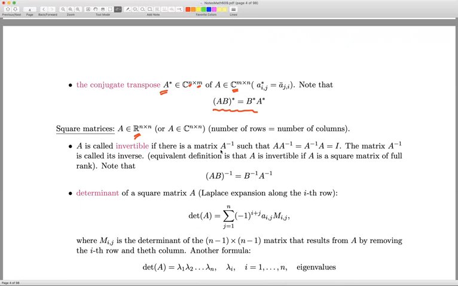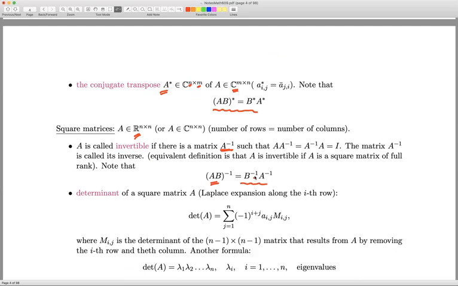And this matrix is called the inverse of the matrix A. And the basic property of taking an inverse of a product: if we have two matrices of the same dimension n, and we multiply them, the inverse is the product of the matrix B inverse times the matrix A inverse.